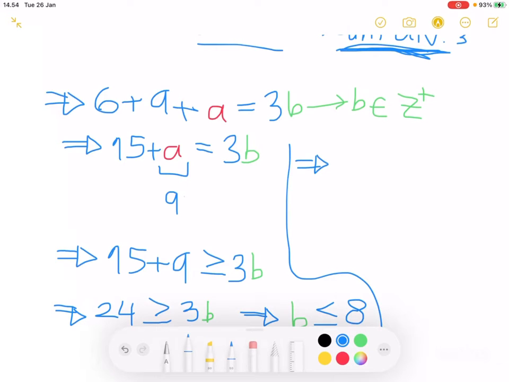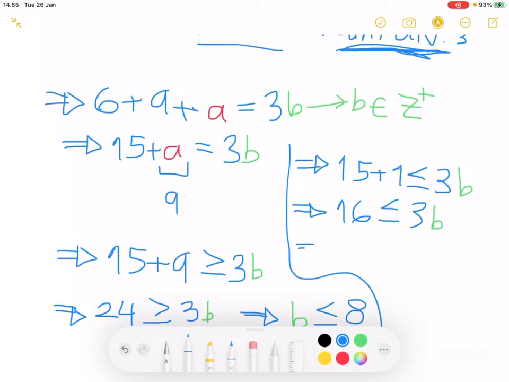So, as we did earlier, we can get that 15 plus our minimum value of a, which is 1. In this case our inequality flips, like so. So we're going to have 16 is less than or equal to 3b, and then b is greater than or equal to 16 over 3, which is 5 and 1/3.